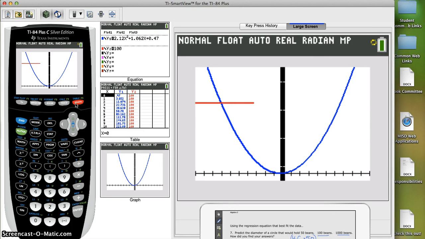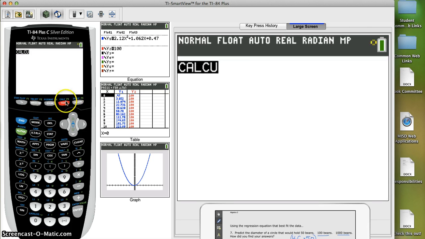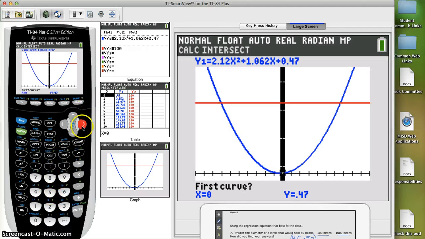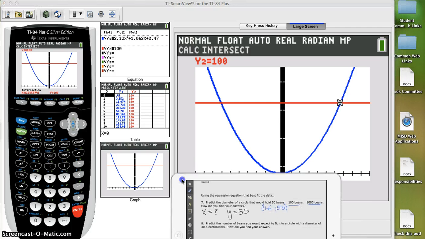And again, you are interested in the intersection. So I do second trace, number 5 for intersect, move the cursor to the right and press enter 3 times. And I can see the cursor is on the point of intersection, and for a y of 100, I have an x of 6.6. So let me go back and record the information.